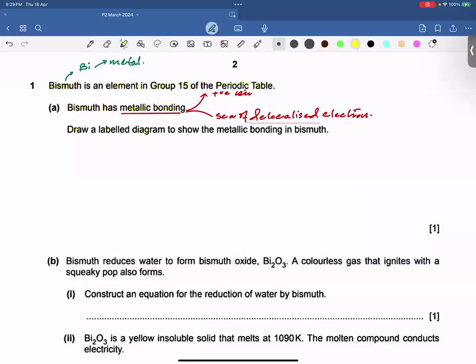Draw a labeled diagram to show the metallic bonding in bismuth. Again, in this diagram, we need to show the positively charged ions and the sea of delocalized electrons. So that's an easy task. So this is a positively charged ion.